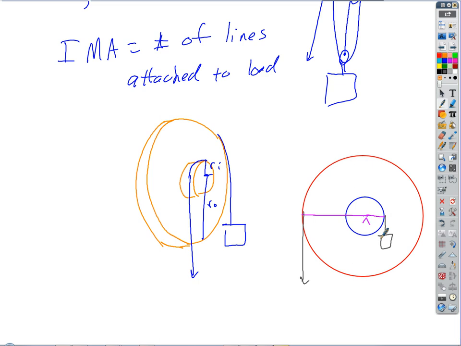Isn't that the same thing if we think of this as a lever, applying an input force there, and that's lifting up an output force, like a load, right there? Isn't that cool? If you look straight on, that's really all the wheel is accomplishing. It's just an extension of those levers.